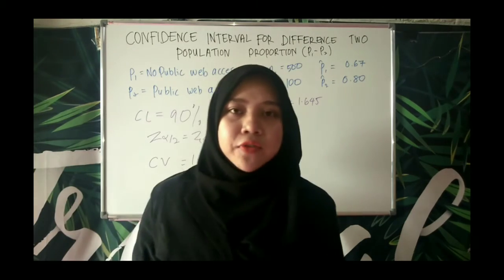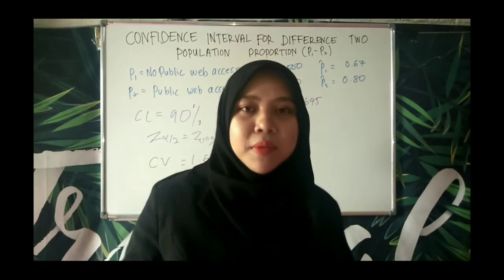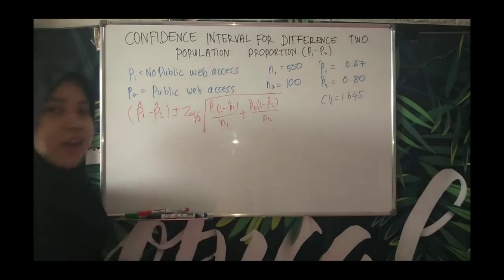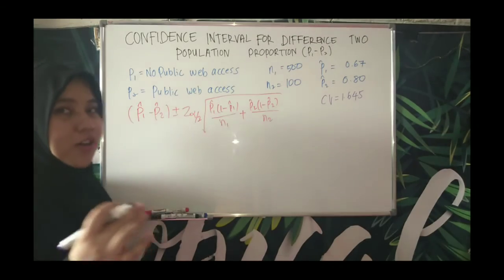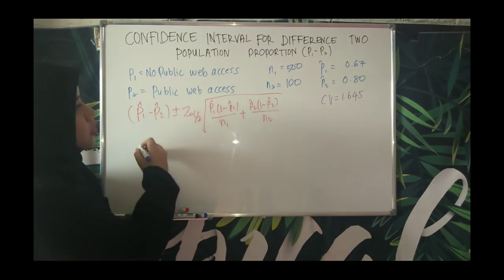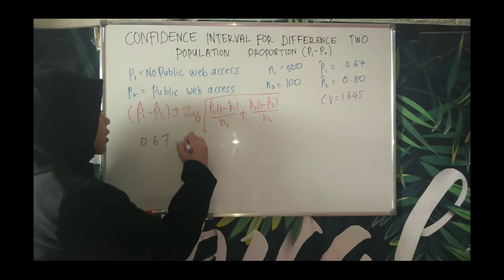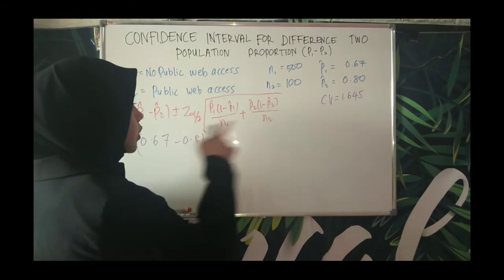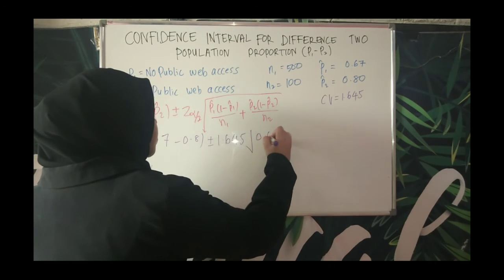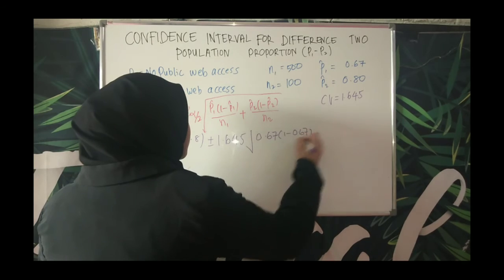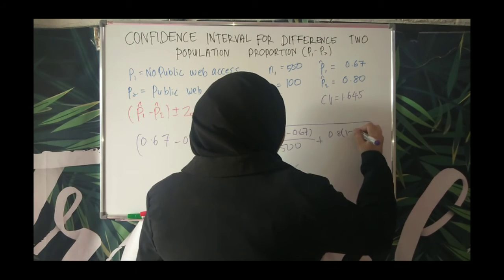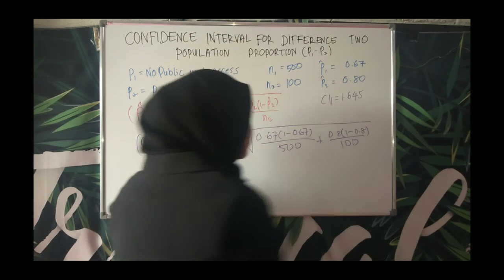So we have all the values that we need, and we will insert them into the formula that we are going to use. We insert the information: the proportion 0.67 minus 0.8, plus or minus z alpha over 2, which is 1.645, times the square root of 0.67 times 1 minus 0.67 divided by 500 plus 0.8 times 1 minus 0.8 divided by 100.